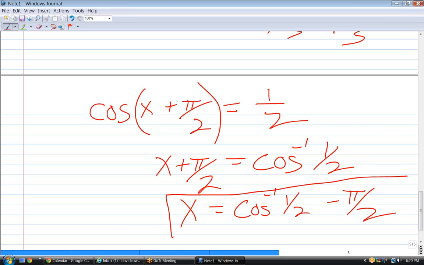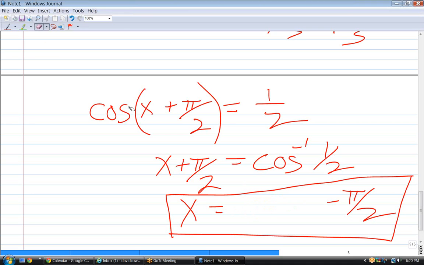So now we have to figure out all the places in the first 6 quadrants where this is true. Well, what's the inverse cosine of 1/2? Pi over 3. Okay. So let's substitute. That's one of them.